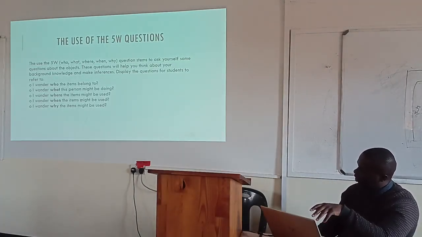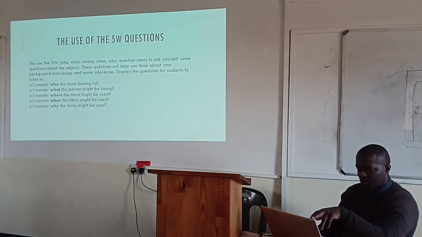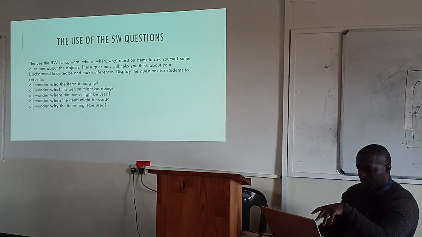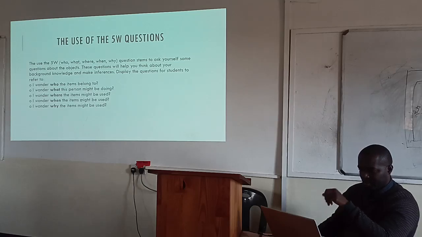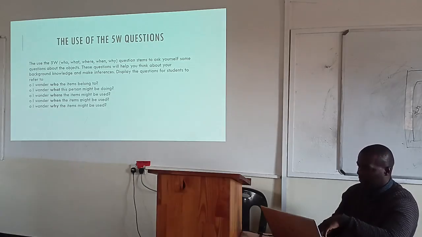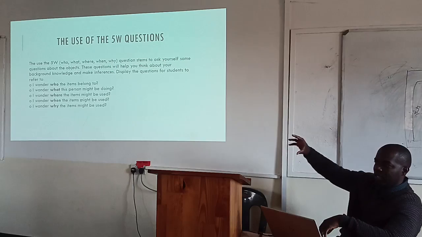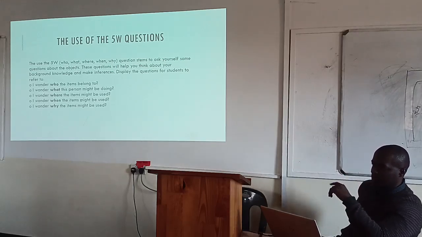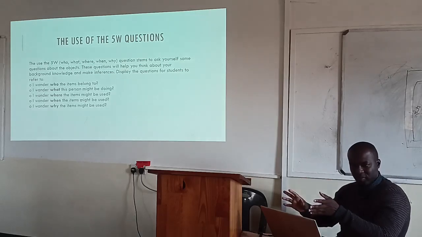Another clue that can help in this process is the use of the 5W questions. I think this is for our colleagues in journalism: how do they know that a headline or a first paragraph, which is what is called a lead, or a story, is complete?